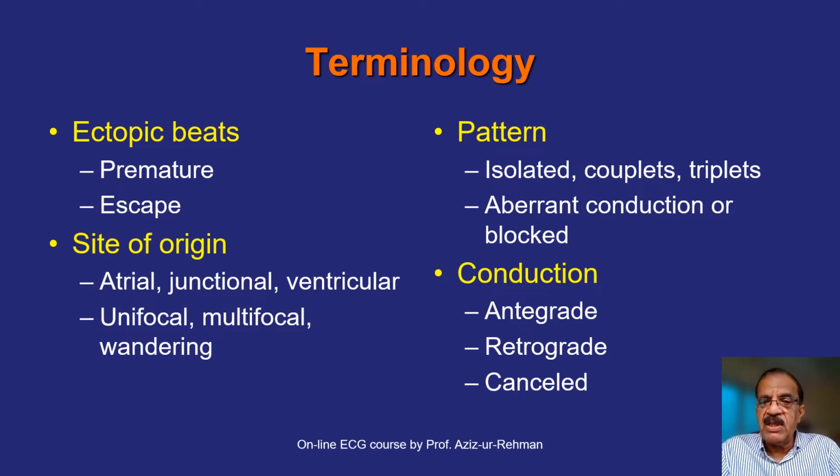But in some cases they can. That would be called retrograde. That means goes backward. Concealed conduction is a very complex concept. That means depolarization enters AV node, but since AV node is refractory, the depolarization sort of dies there and never passes through. So this is concealed conduction.